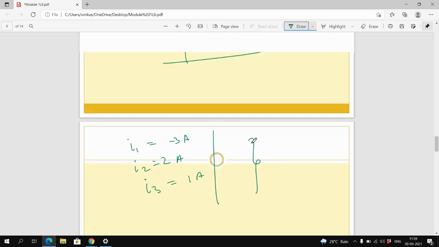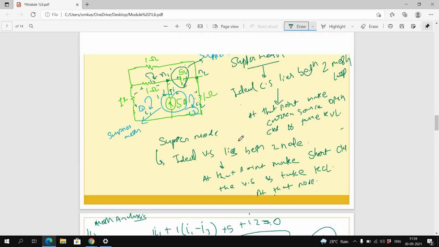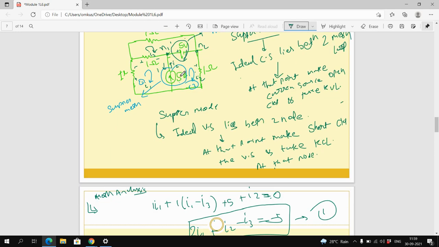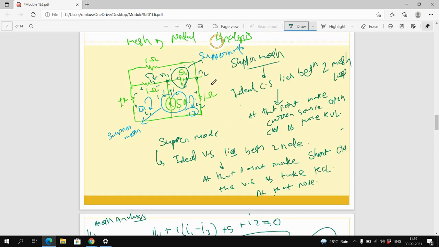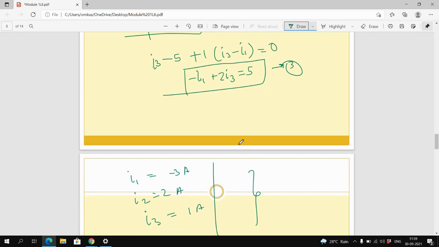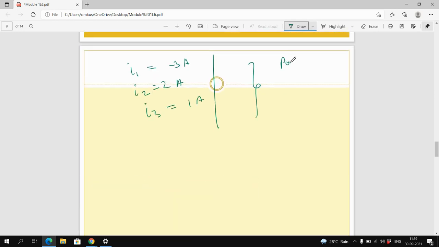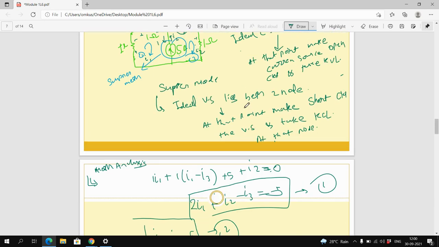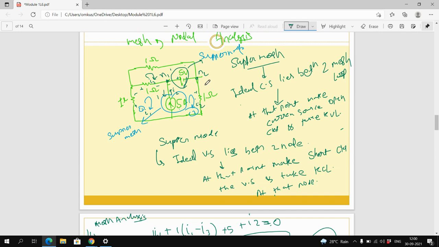Now see the power delivered by the voltage source. What is the current flowing through this branch? First of all, what do you mean by power? Power equal to I squared R, or you can say VI. So what is the I value for this voltage?